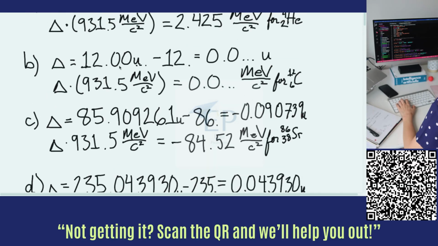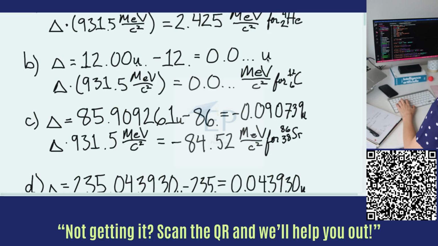Continue on to carbon. Notice that carbon's mass in atomic mass units is exactly 12. It's the reference point for the table. And I'm going to subtract again using the same process the atomic mass number of carbon 12, which is 12. We end up with 0.000 atomic mass units.